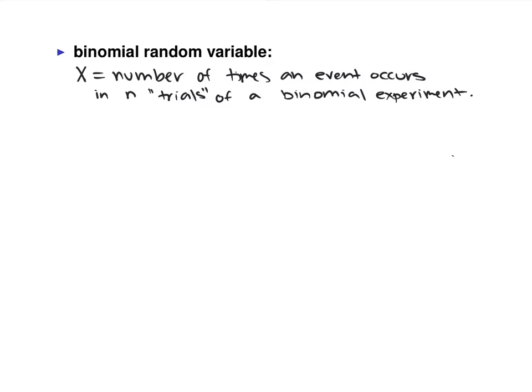And n is a number that you fix ahead of time. So in the previous example, we had the number of wins per 3 games. That would be n equals 3. Or the number of girls in 6 births. That would be n equals 6. Now the possible values for x are 0, 1, 2, 3, all the way up to whatever your ending point n is.